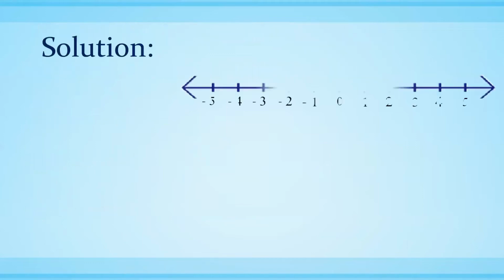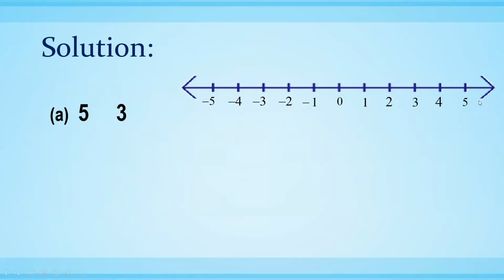Let us look at the answer for part A. First, we have a number line here. And you can see that as we move to the right of the number line, the numbers are going to become bigger and bigger. As we move to the left of the number line, the numbers are going to become smaller and smaller. In fact, if you look at the direction of the arrow, this is going to help you.